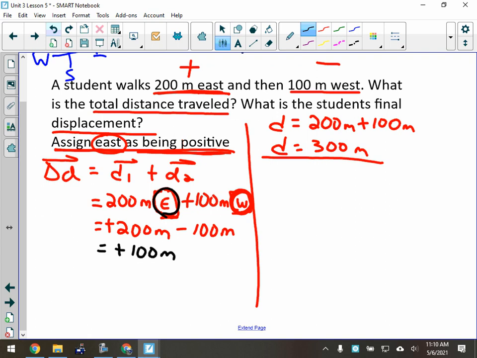What does that mean? Well, it actually means 100 meters in the east, the positive direction. Okay? So notice the difference between these two answers. This is the displacement. Are there any questions on that, anyone?